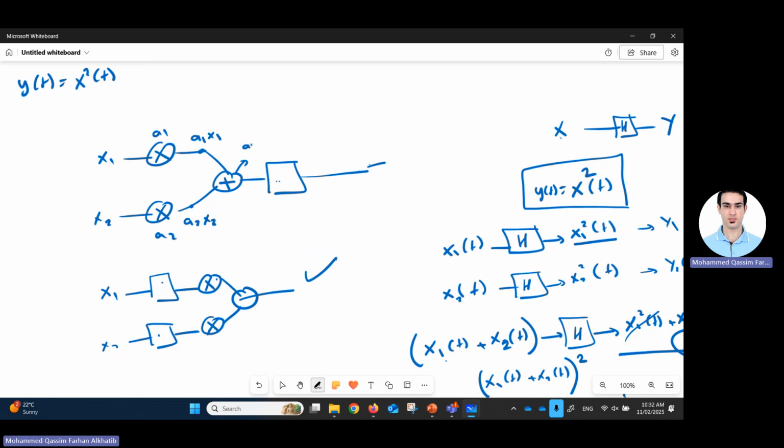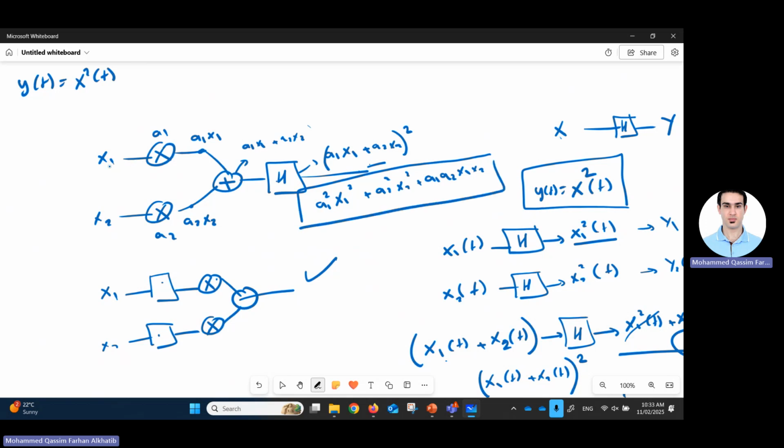Here we'll get a1 x1 plus a2 x2. This is the transformation, so here you will get a1 x1 plus a2 x2, squared. So you'll get a1 squared x1 squared plus a2 squared x2 squared plus 2 a1 a2 x1 x2. So that's the result of the first block diagram.